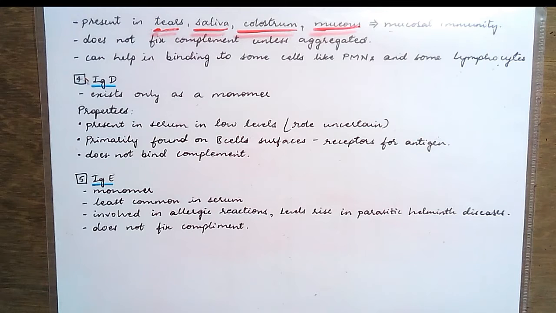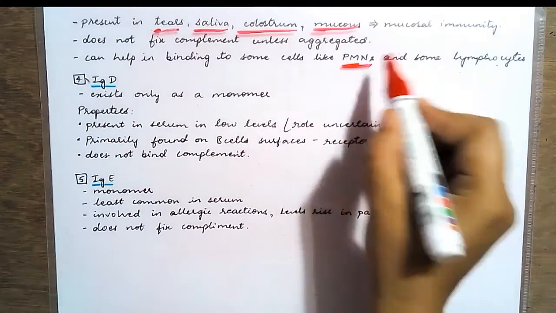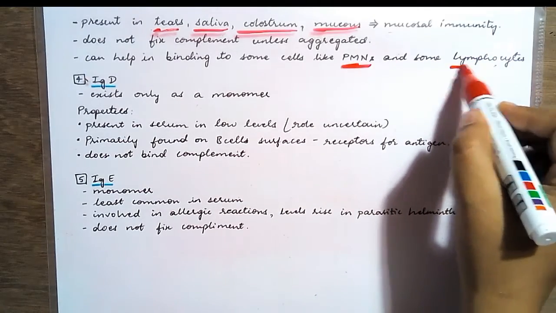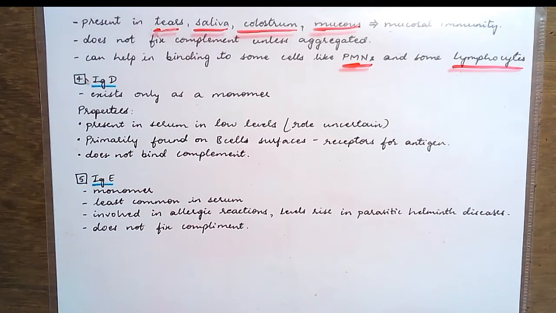All these softer skin parts of our body are protected because of these IgA that are present in the secretions, and they do not fix complement unless aggregated. They do not have the ability of complement fixation unless they are in aggregations, and they can help in binding to some cells like polymorphonuclear leukocytes and some lymphocytes as well.